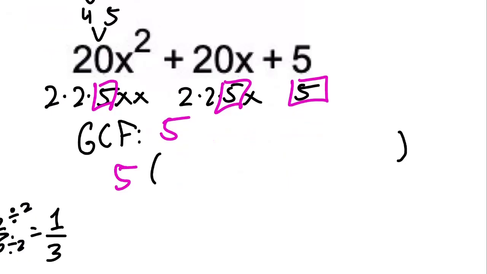Now, when you factor out 5 in this very first term, what are you left with? 2 times 2 times x, which makes 4x squared. Very good. When we take out 5 in the second term, we're left with 2 times 2 times x. And that leaves us with 4x.